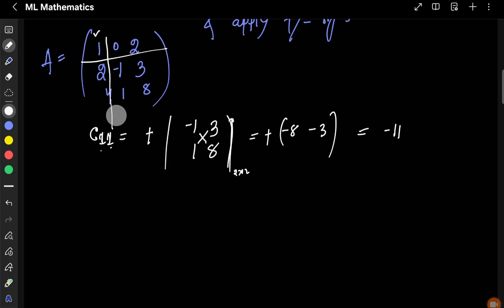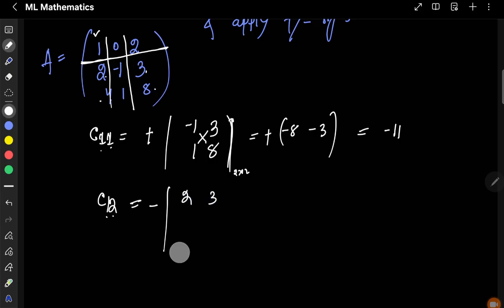Okay, and then again I try C12. C12 will be 1 plus 2 is 3, that means minus, so you go to C1 and 2. The 2 cross 2 square matrix will be 2 3, 4 8. It becomes minus of the determinant, 16 minus 12, which is 4, so it will be minus 4.